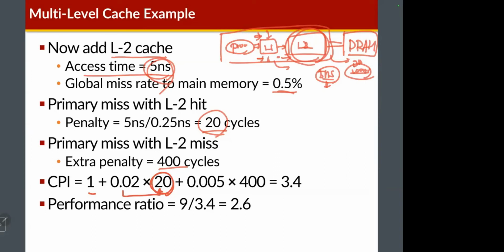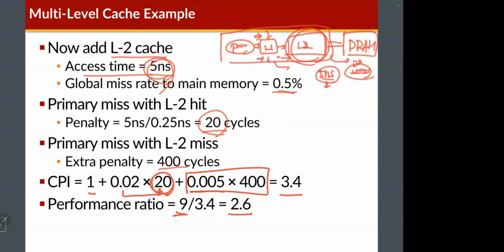The global miss rate to main memory is 0.5%, so we can calculate the miss penalty to the DRAM. Then the effective CPI becomes 3.4. If we compare with the previous result, we can see that the performance is increased by 2.6 times. So that is the benefit of adding an L2 cache.